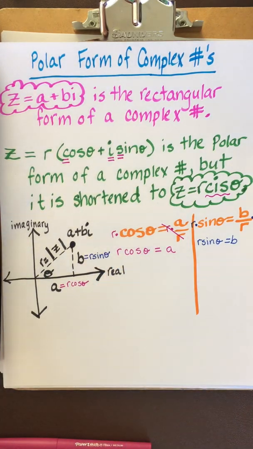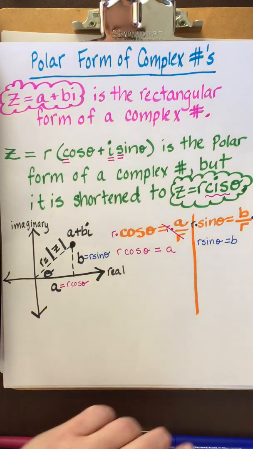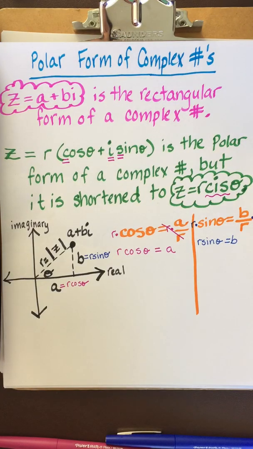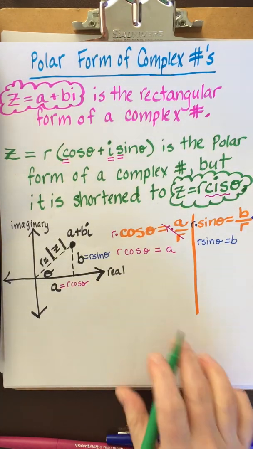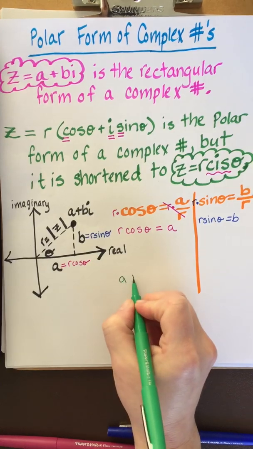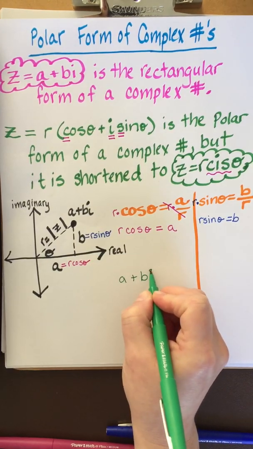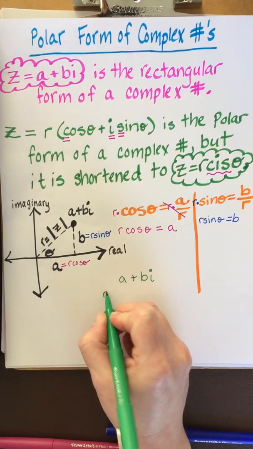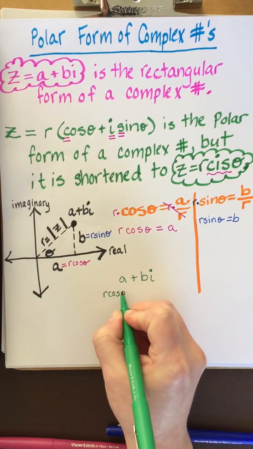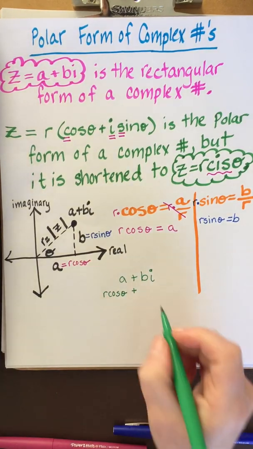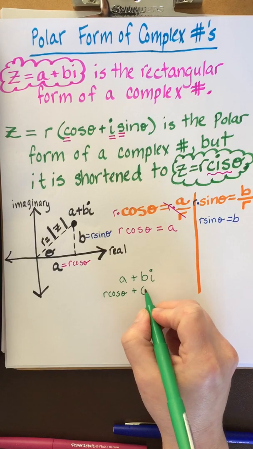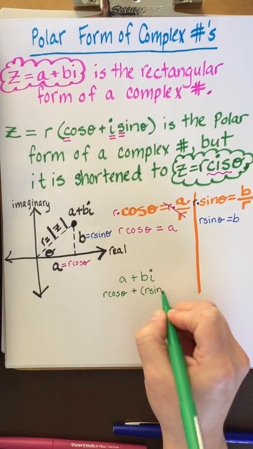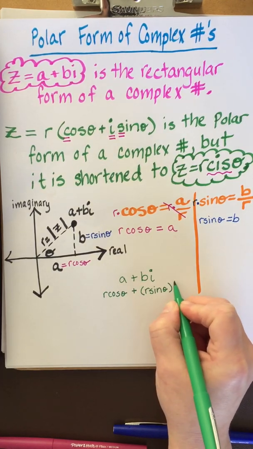So when we're thinking about a plus bi, and I plug those values in. So if I had an a plus bi, and we know that a is the same thing as r times the cosine of theta, and we know that b is the same thing as r times the sine of theta, and you've got your i there.